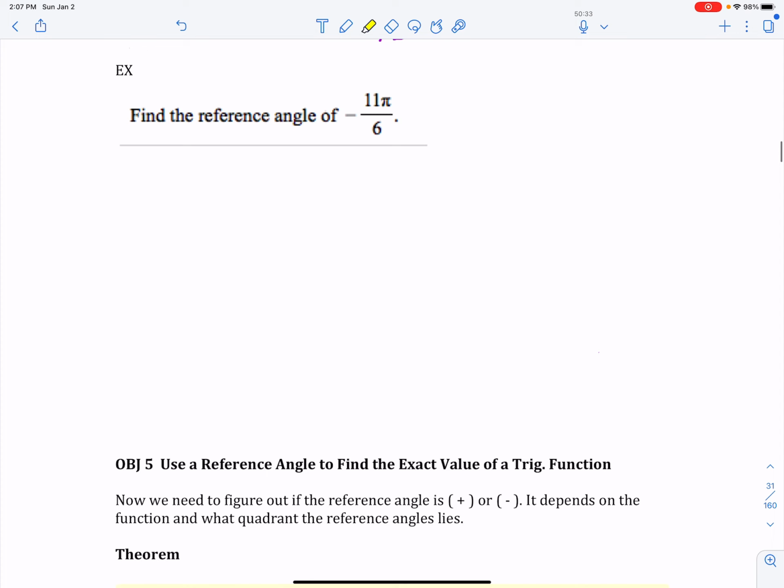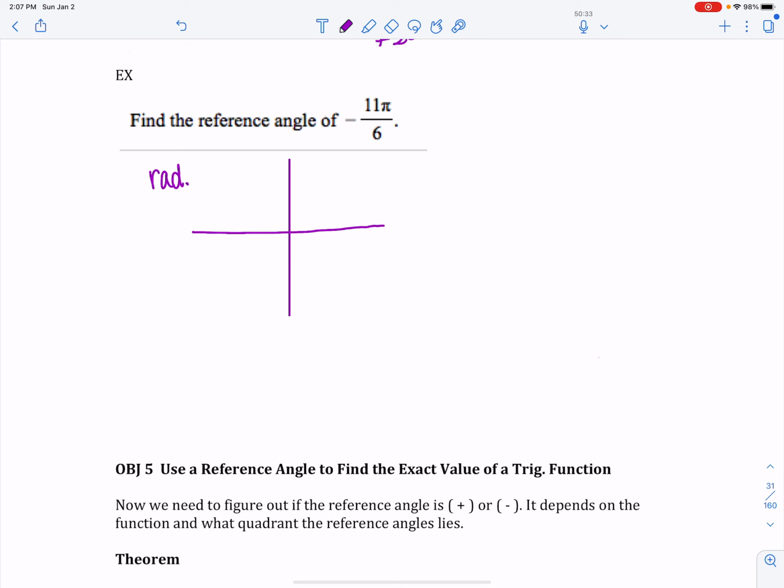Okay, so here's another example. Find the reference angle of negative 11 pi over 6. I'm going to leave it in radians. Like I said, if you want, you can convert it to degrees, but for this example, I'm just going to do radians. So we have 0, negative pi over 2, negative pi, negative 3 pi over 2, and negative 2 pi.